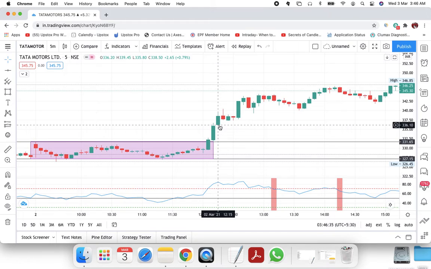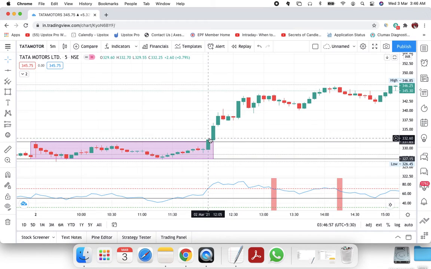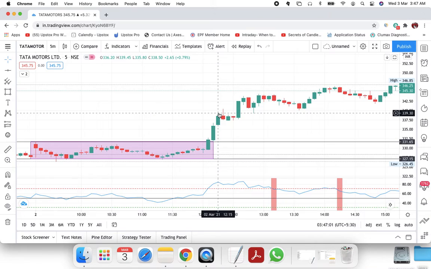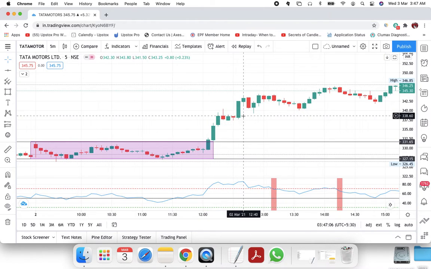So we haven't seen any candle closing below the previous candle's low. So what happened? This is green, so we got a green signal. Higher, high, high, and then a small correction.